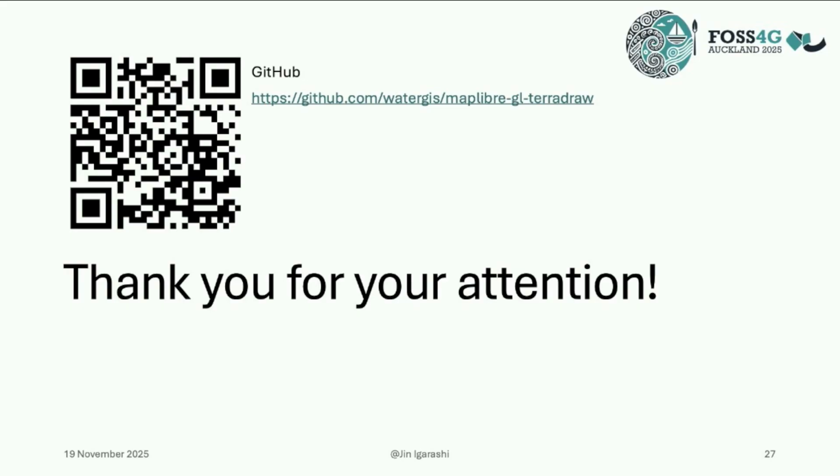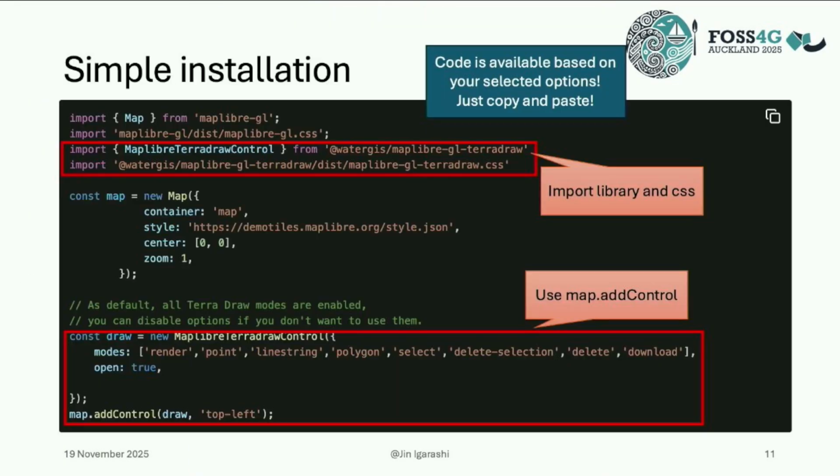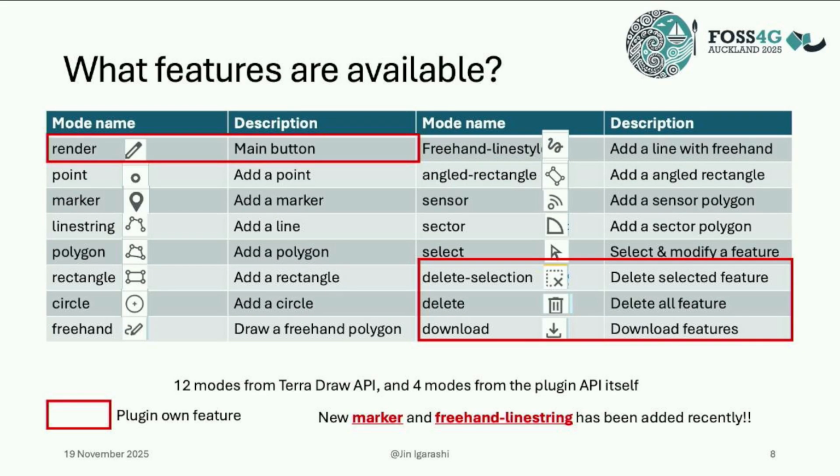But the extra draw modes that you implemented, would those work with the other maps? Yeah. So what I implemented is the delete selection mode, and the delete mode and download mode. For the delete mode, Terra Draw has an API to delete all features. But actually, there is no functionality in Terra Draw to delete only the selected feature.